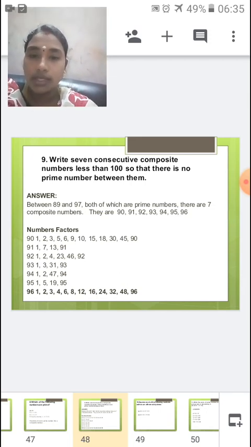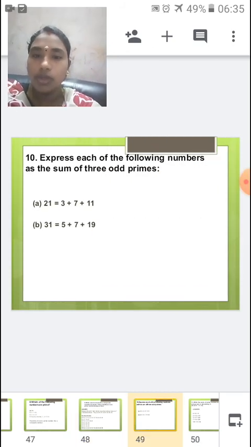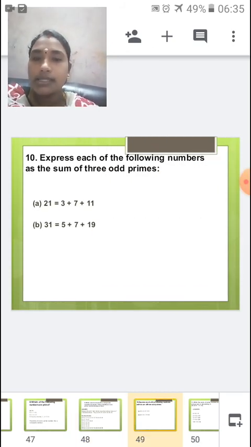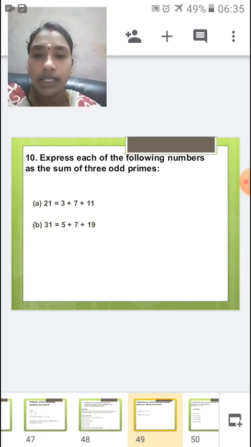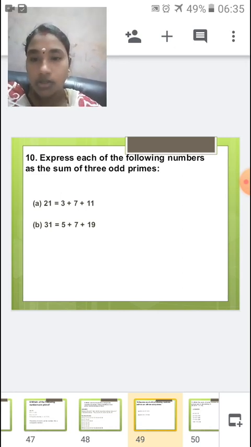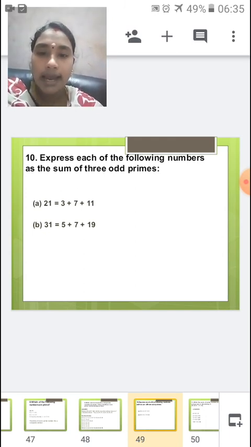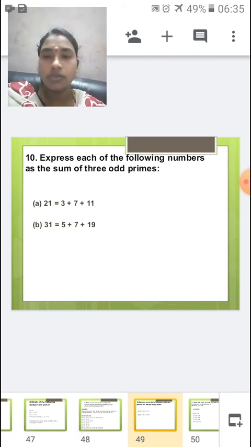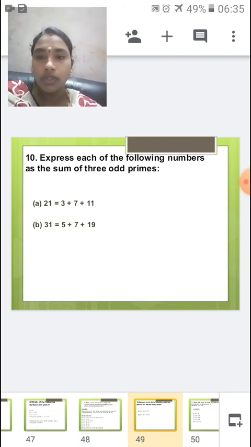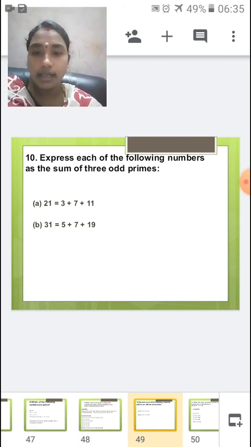So let's move on to the 10th sum. Okay, so express each of the following numbers as a sum of 3 odd primes. So first they have given 21. We have to prove that when we add 3 odd primes, we get 21. So let us add 3 plus 7 plus 11.